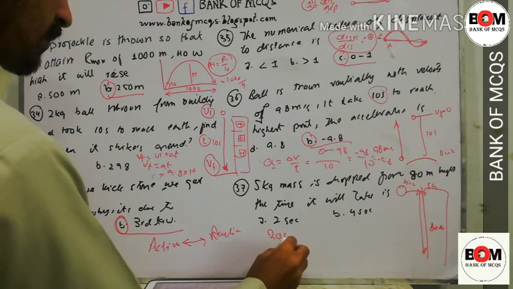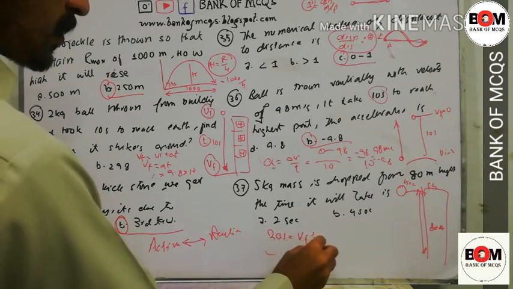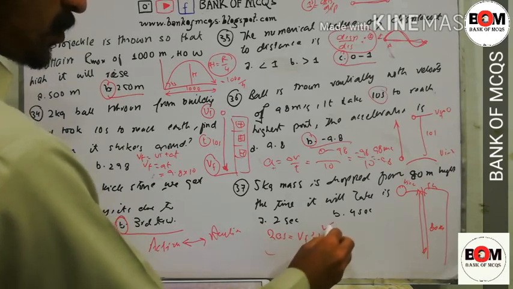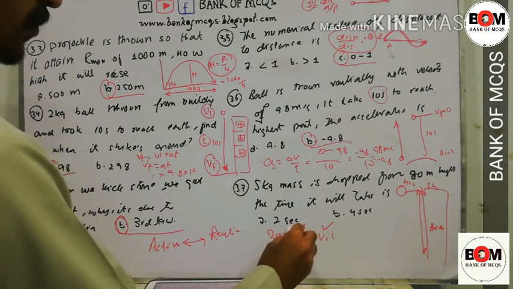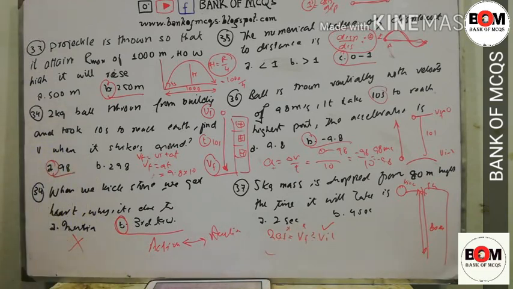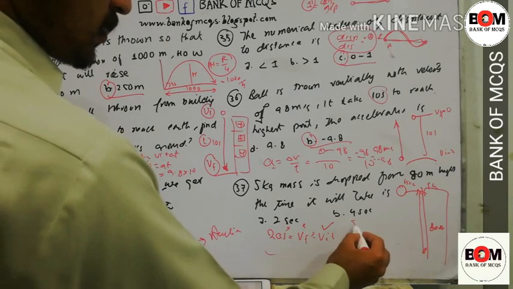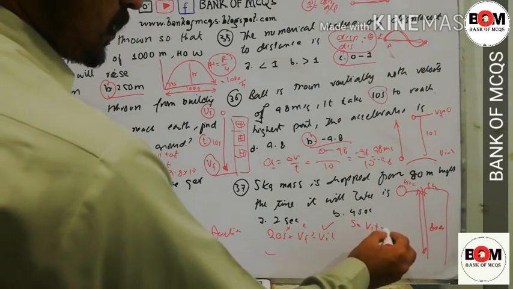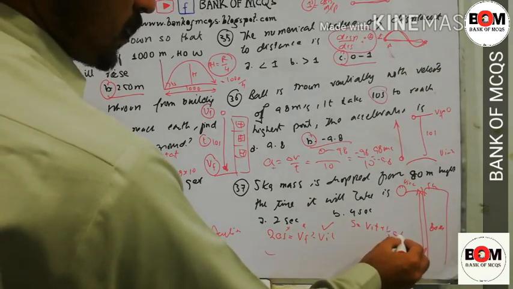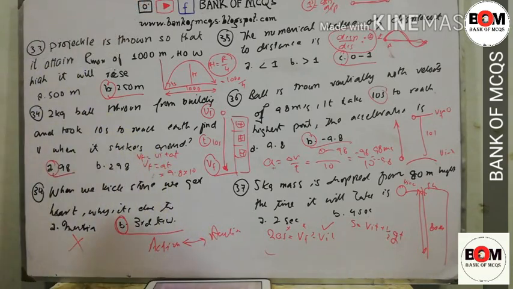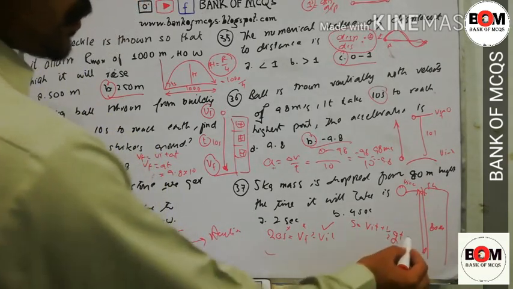We can maybe use 2as is equal to Vf squared minus Vi squared. Initial is 0, but we don't know the final and we don't know the s, so we can't use this equation. Next is s is equal to Vi t plus half a t squared, and for a we will use g, so s is equal to half g t squared.